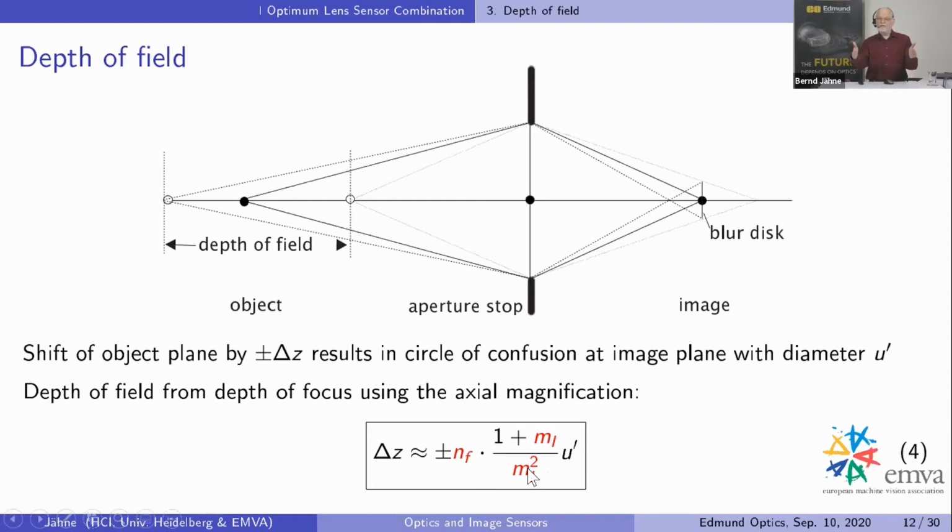If you have your object 2 times farther away, which means the magnification factor is about 2 times smaller, then actually the depth of field increases by a factor of 4. So it's actually not the F number. Often there is a misconception that if you have a tele lens, this has less depth of field than a wide angle lens, but that's not true. It's only determined by the magnification factor. This is the crucial thing you have to think about.